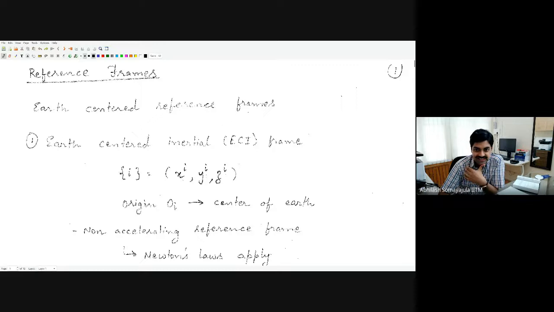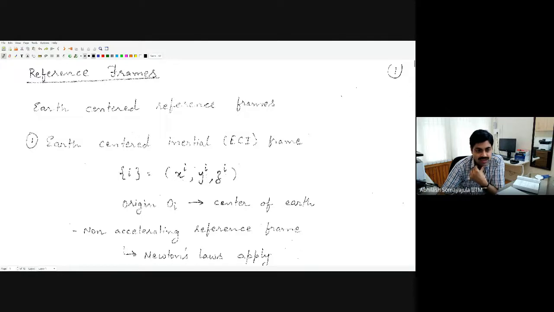The reason is that these are particularly important when we are looking at something called terrestrial navigation, which means when we are looking at satellites or ships which are drifting over large distances, it will be important to start taking these into account. But for general navigation purposes, a flat Earth coordinate system is good enough. But in order to maintain consistency, we'll start off with Earth-centered reference frames and make our way into the flat Earth coordinate systems that we are generally used to.